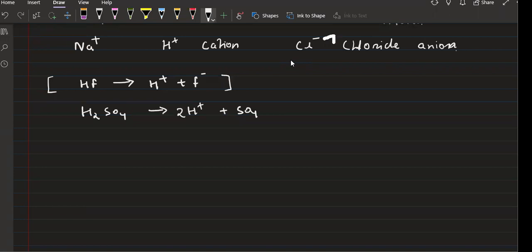In this case, is H2SO4 an acid? Yes? Very good. So if someone asks you, what is an acid? You can say that any compound which releases H plus on dissociation is your acid. Madhur, we will come to that. Don't worry.